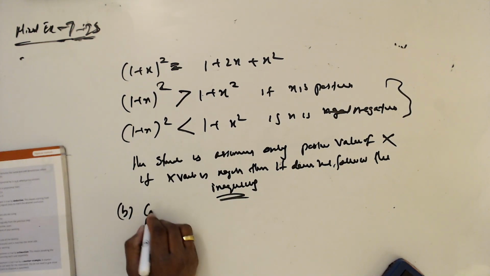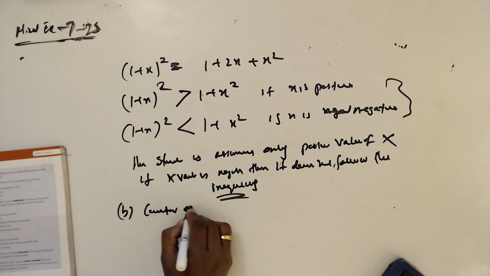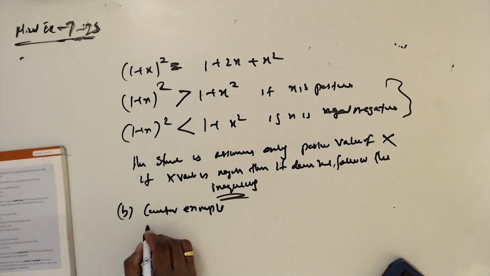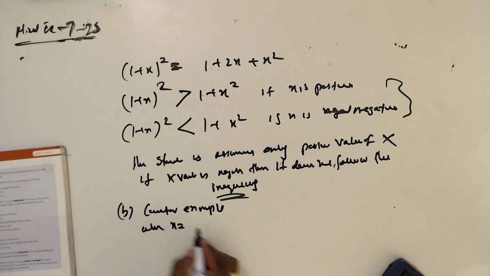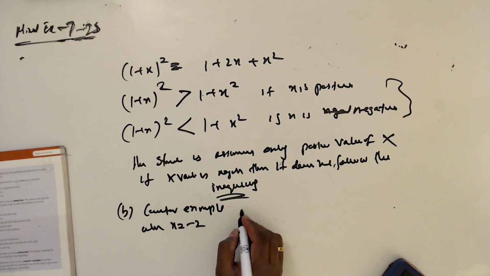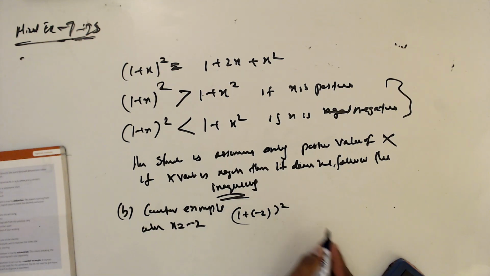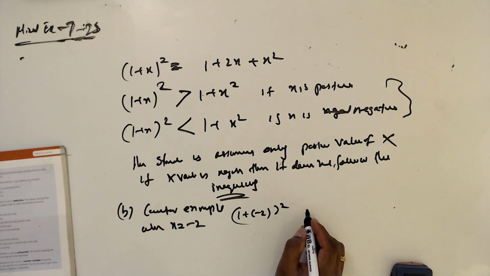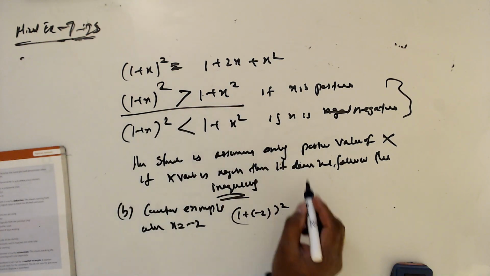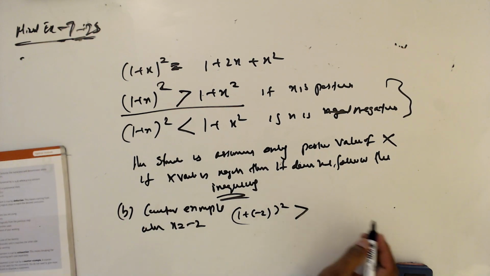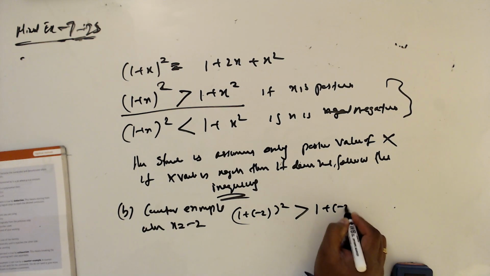Part B, counterexample. When x equals minus 2, (1 plus minus 2) squared, so he's following this one now, greater than 1 plus (minus 2) squared.